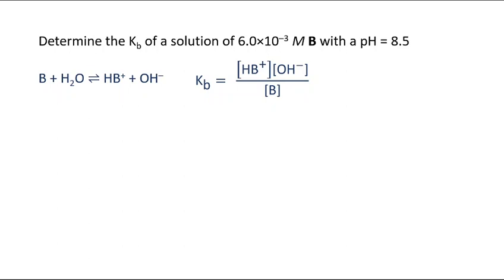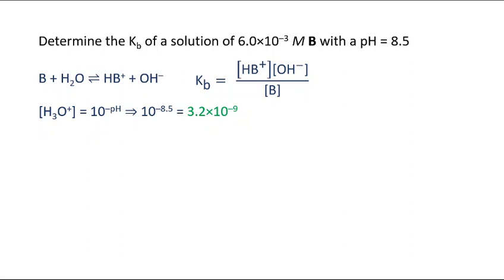So using the pH equation to solve for your hydronium ions, H3O plus is equal to 10 raised to the negative pH, or 10 to the negative 8.5, which gives us a hydronium concentration of 3.2 times 10 to the negative 9.